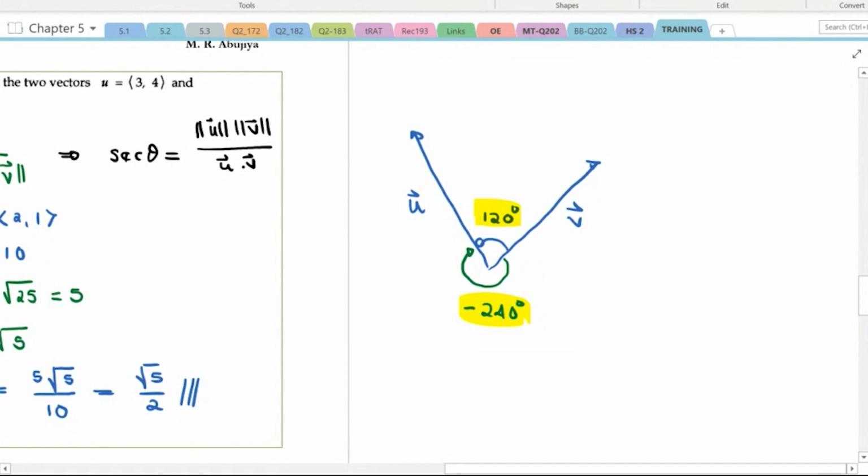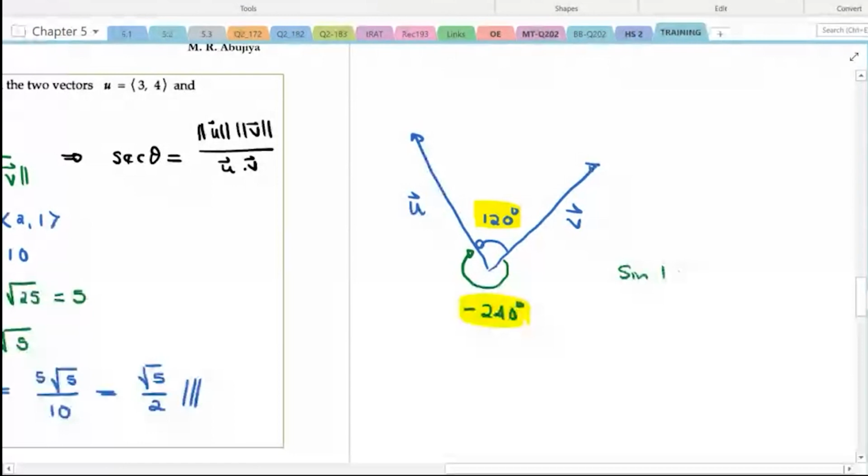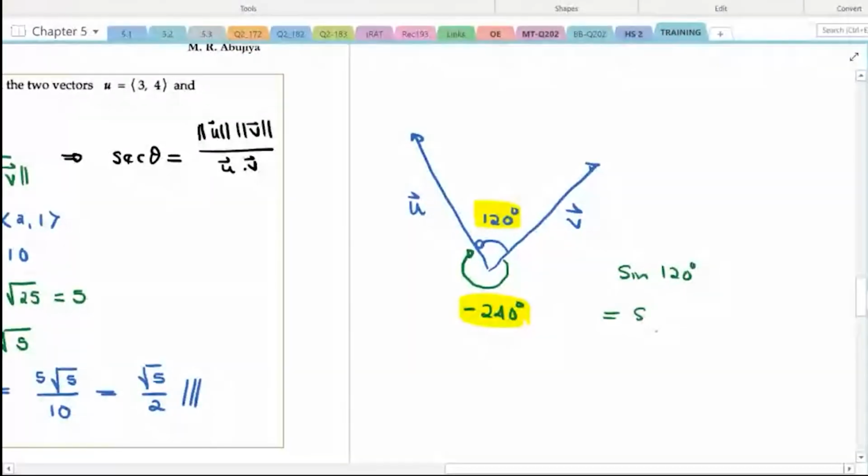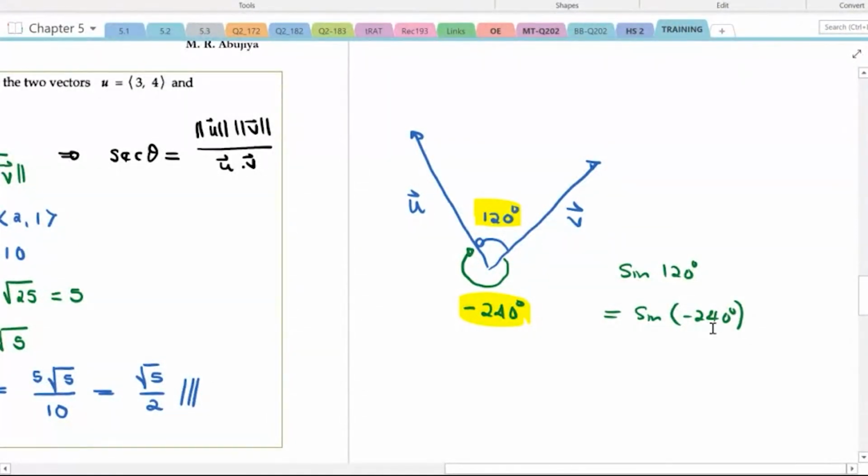You can use the concept of coterminal angles and get the same thing. For instance, sine of 120 degrees is equal to sine of minus 240 degrees. So the angle is the same, only for you to be able to differentiate which one is going to be smaller and which one is going to be bigger.